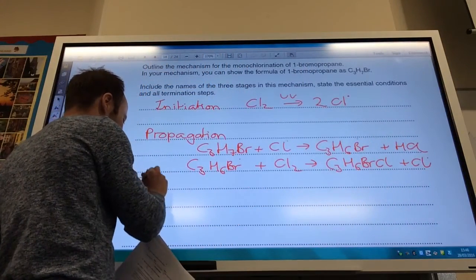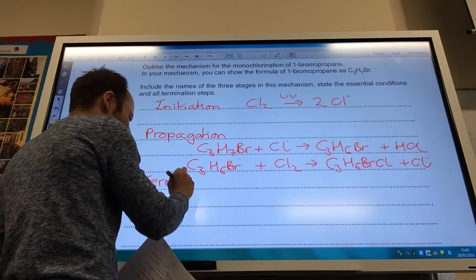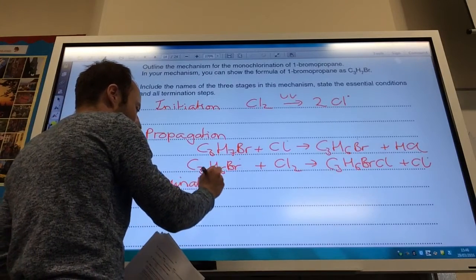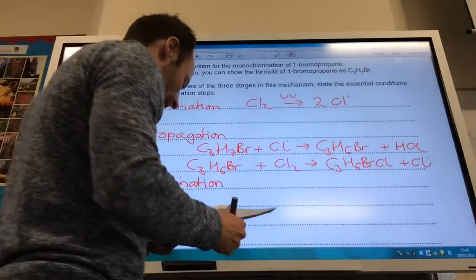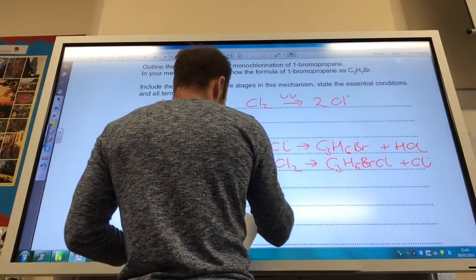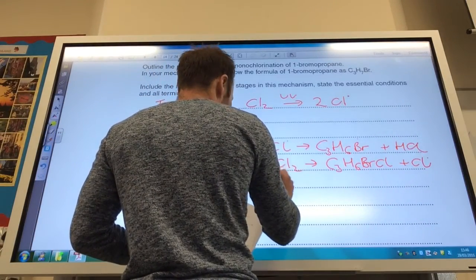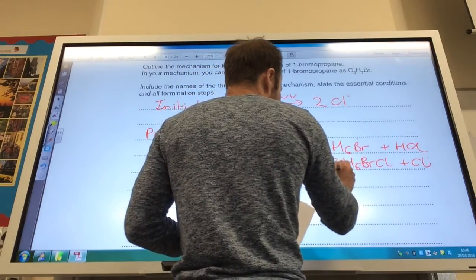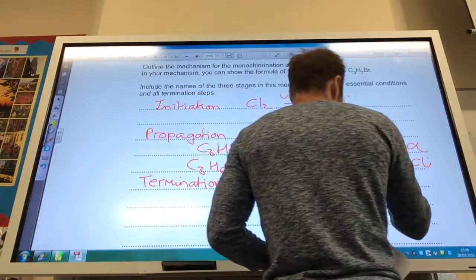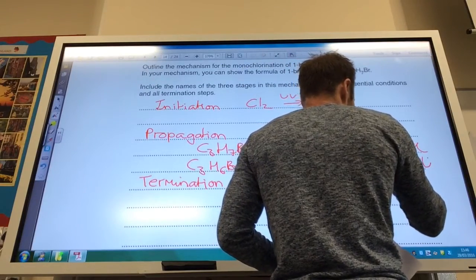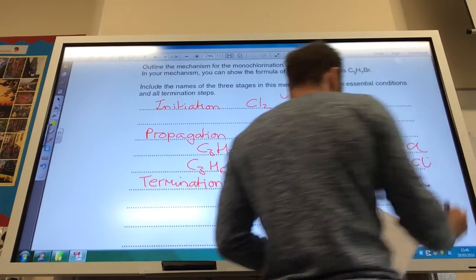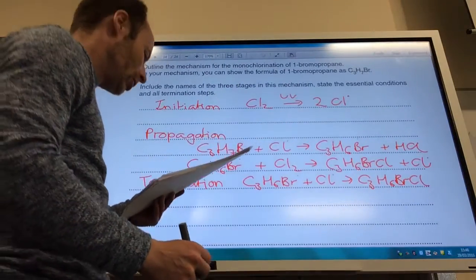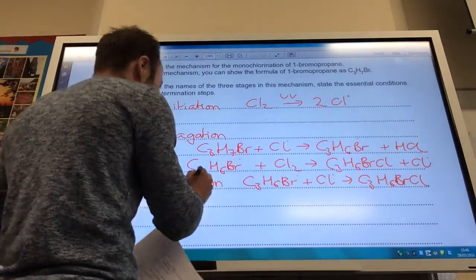Termination steps, you've got various termination steps you can use. Probably the most common is you've got your C3H6Br free radical meets up with your chlorine free radical to give you your product again. Equally, you could have other termination steps.